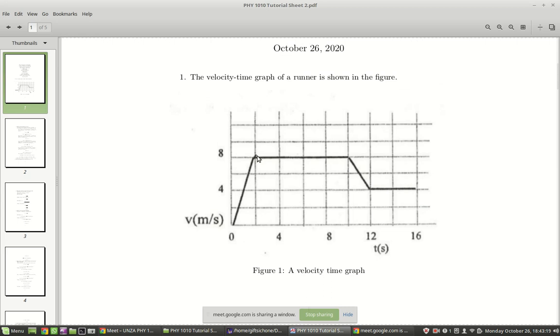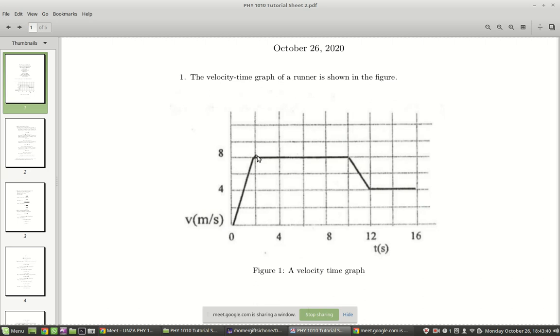At 2 seconds, what is the initial velocity of the runner? Initial velocity is 0, because the runner started from 0.